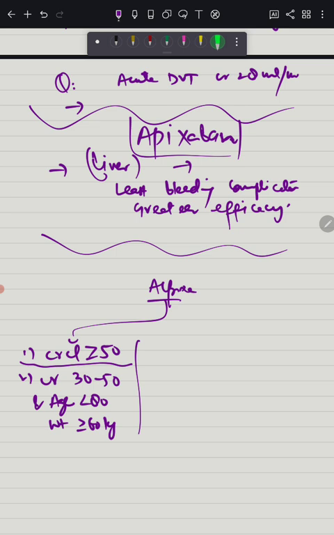So here he has more weight. Here you will give for AFib treatment 5 mg BD.